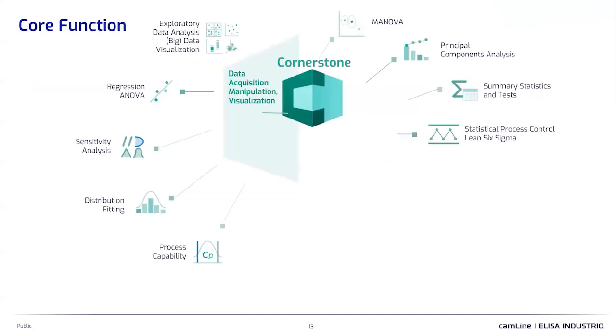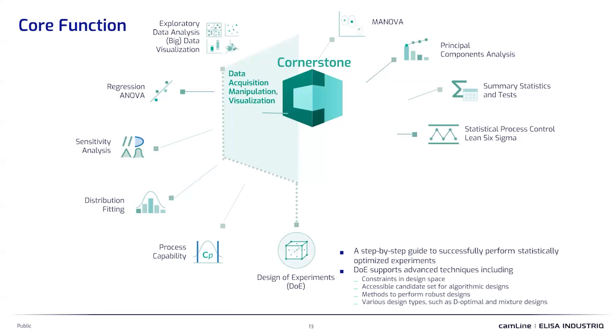That was the end of some examples of the analysis. I do want to remind you of all the other functions that we have in Cornerstone. The design of experiment module in itself is quite a large module, and it contains different algorithms, methods, and design types for you to create an optimal design space.